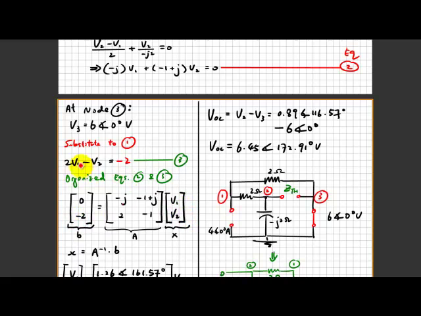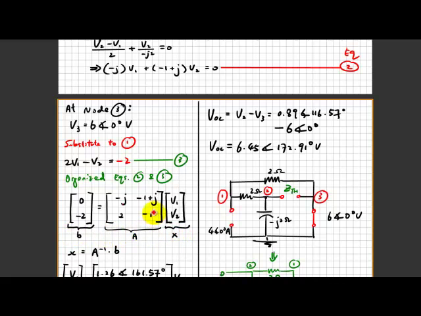The second row is 2V1 minus V2, so we have 2 minus 1, times V1 and V2, and then minus 2 here. This is a nicely organized matrix format, and we know what we are going to find: the voltages V1 and V2. To do that, as I usually use basic linear algebra, V equal to A times X.